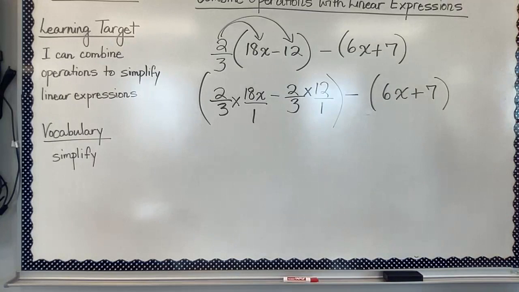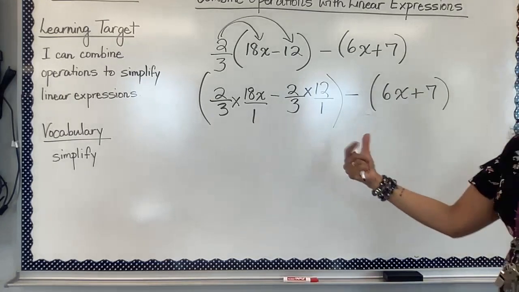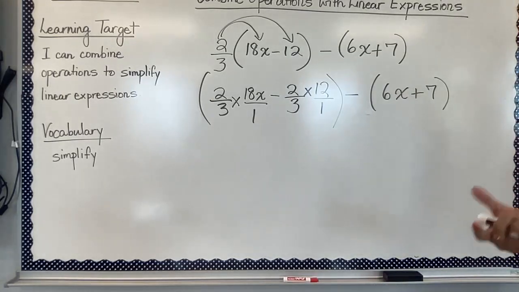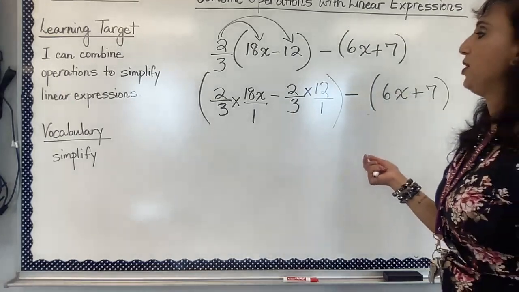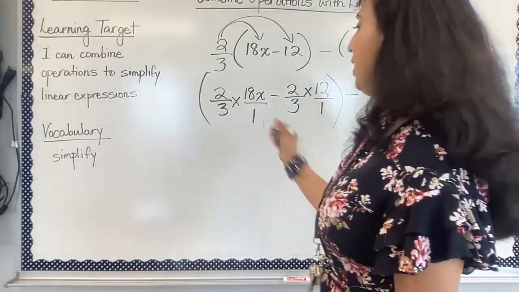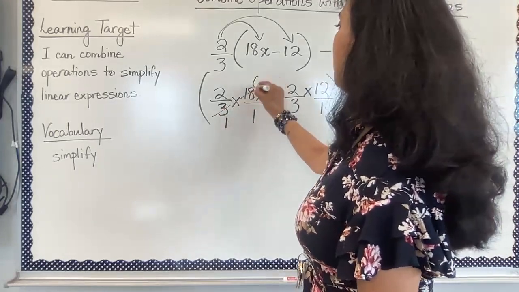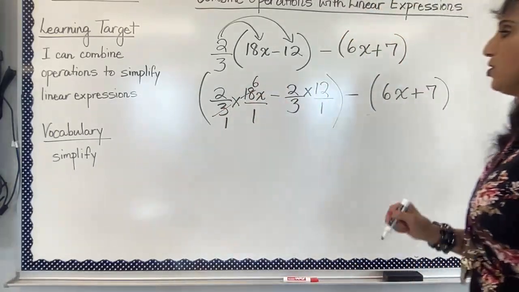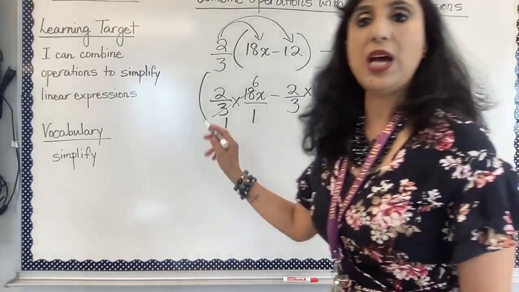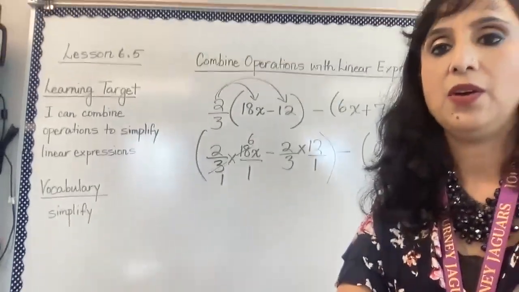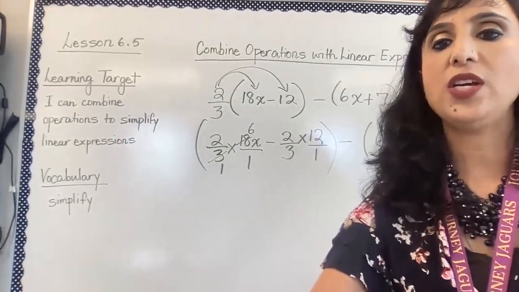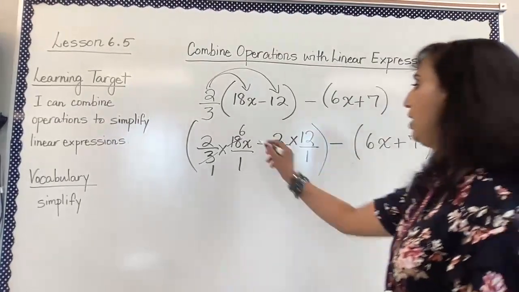Okay, so when I have multiplication like this, I can look at what I can simplify from the numerator to the denominator. So 1 times 3 is 3 and 6 times 3 is 18. So now I'm left with 2 times 6, which is going to give me 12x.